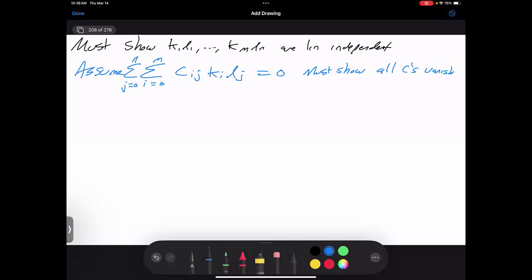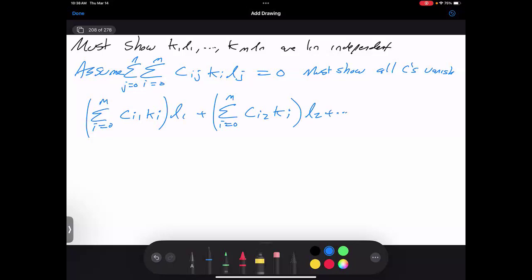Okay? Well, we can do this in stages. So this is the same as the sum, i goes from 0 to M of C_i1 K_i times L1, plus the sum, i goes from 0 to M of C_i2 K_i times L2, plus dot dot dot plus the sum, i goes from 0 to M of C_in K_i times Ln.